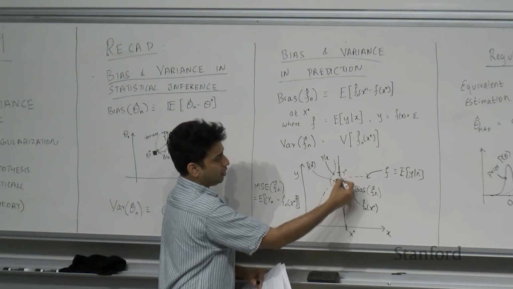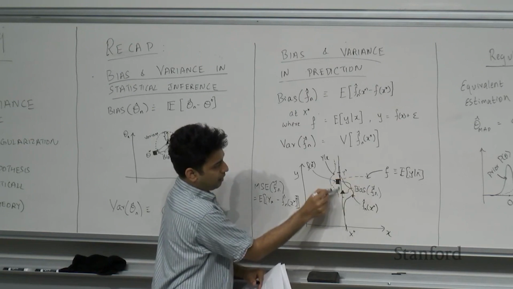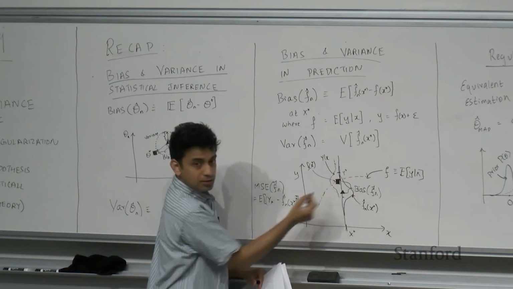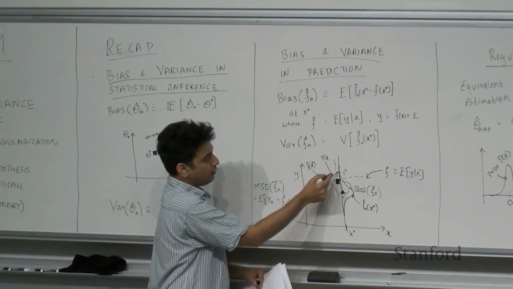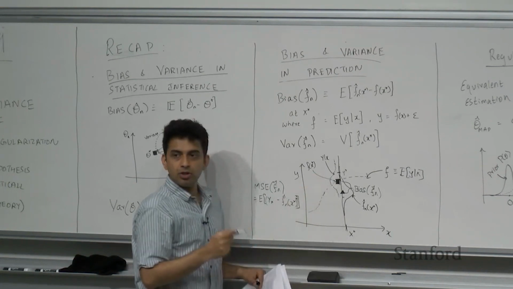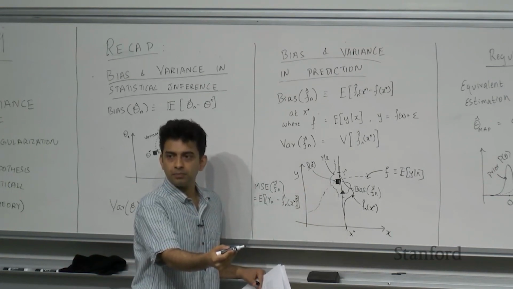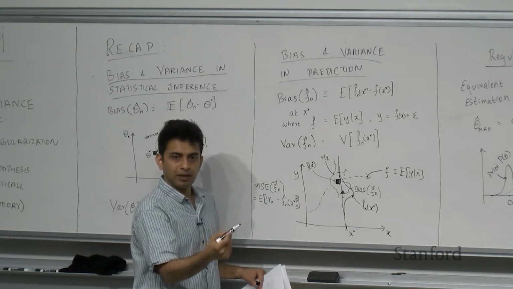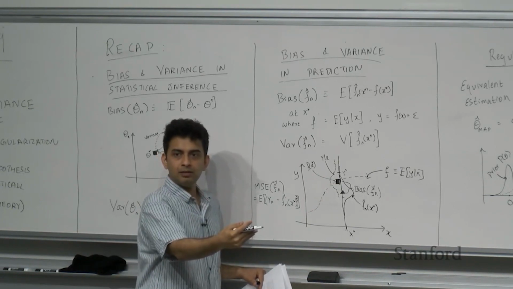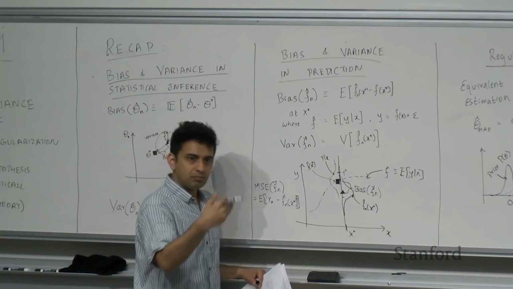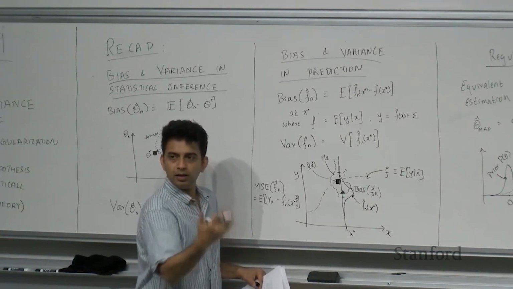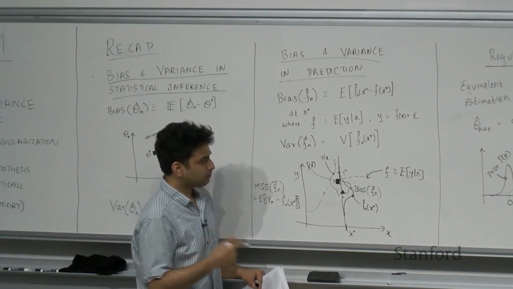One is the irreducible error, the second is the bias, and the third is the variance. Right? So the irreducible error is noise in the test data. It's not noise in the training data. The irreducible error component is noise in the test data, because when we deploy the model, there is going to be noise in the data that we're going to encounter.